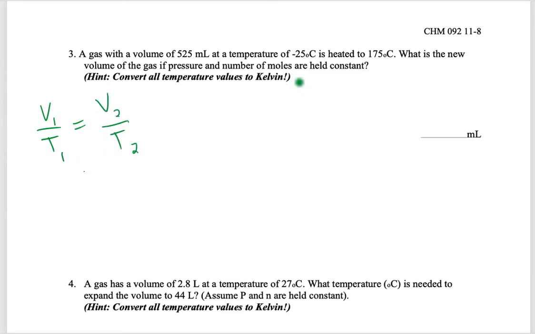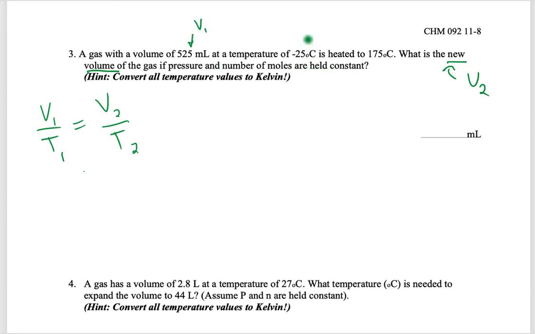Now when you look at this problem here, what it's asking for is the new volume of the gas after the temperature changes. This new volume is actually V2, so you'll solve for V2. That means that this volume is V1, and it's originally at 25 degrees.